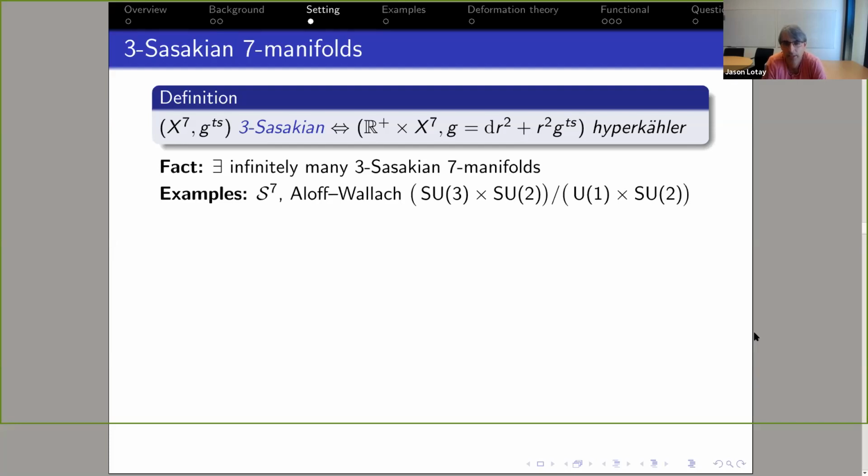These 3-Sasakian 7-manifolds have a nice structure. So they're fibered over an ASD Einstein, well, typically it's a 4-orbifold. And the fibers are quotients of SU(2).